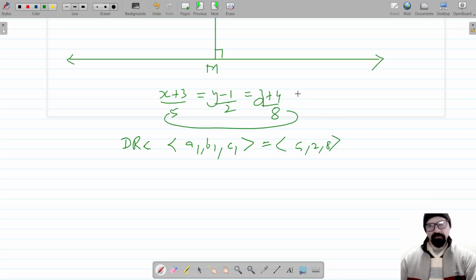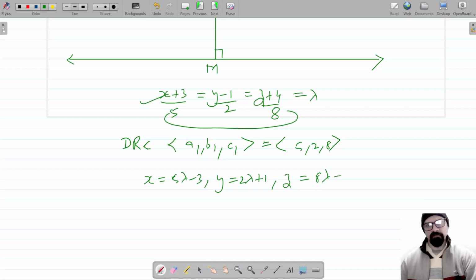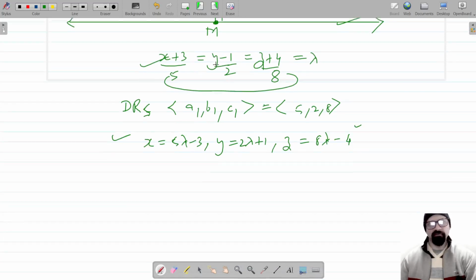So let's say this is equal to lambda. Now this gives me that x is equal to 5 lambda minus 3, y is equal to 2 lambda plus 1, and z is equal to 8 lambda minus 4. For some value of lambda, these points will lie on this line.